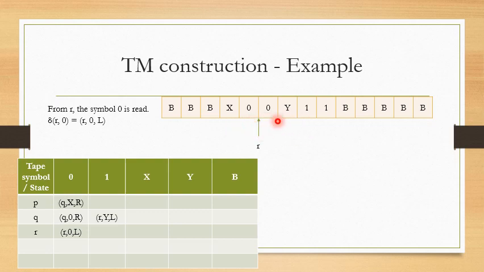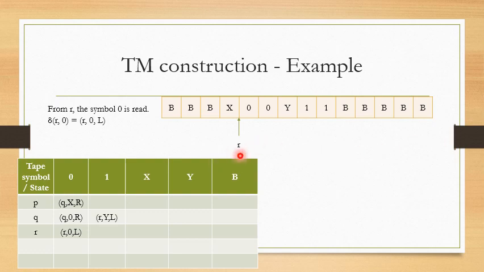All these zeros you have to keep as zeros, just moving to the left until you see an X. So from R, when I read a 0, stay in R, 0 will be the same 0, and I have to move to the left. This is a new transition, so you can add it in the transition table.